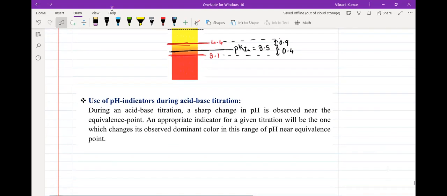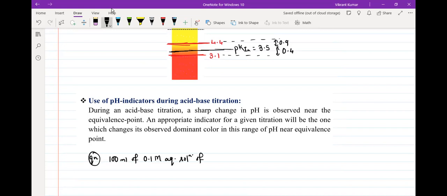If I give you a question, so a question is: 100 ml of 0.1 M aqueous solution of HCl is titrated by 0.1 M aqueous solution of NaOH.